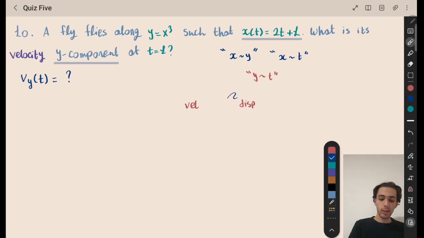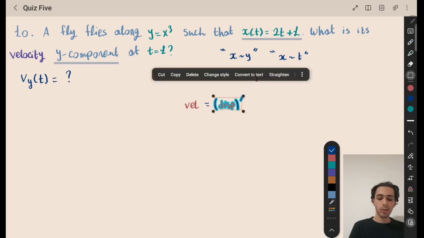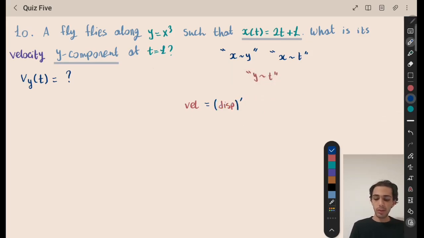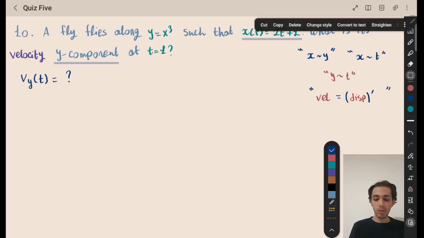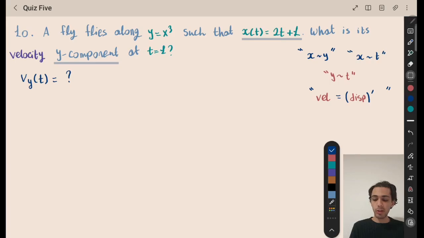And the answer to that is that the derivative, or the rate of change, of displacement gives you the velocity. And I put this again between quotations because these are all ideas that I'm feeding to you right now. They're not anything formal, but we seem to be making some connections now, which is good.